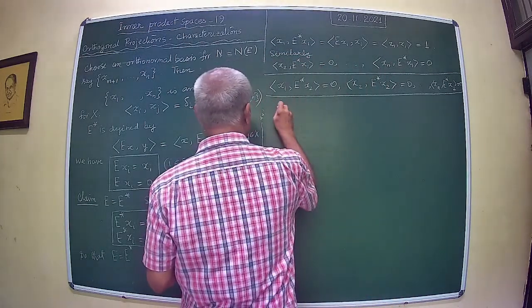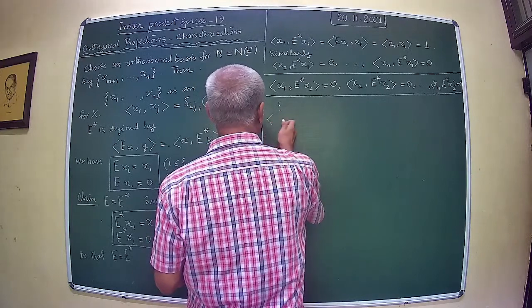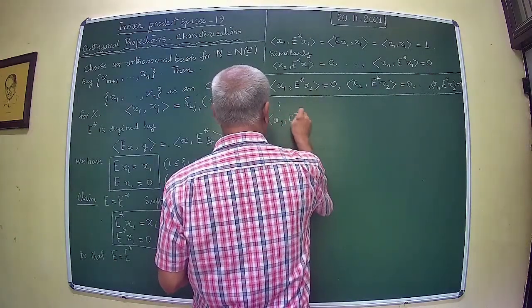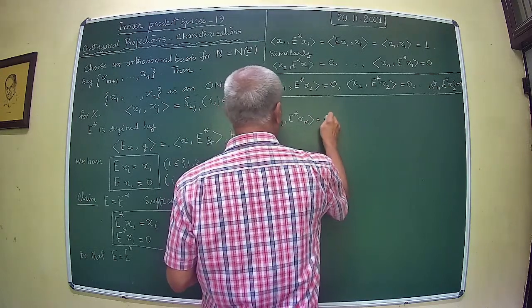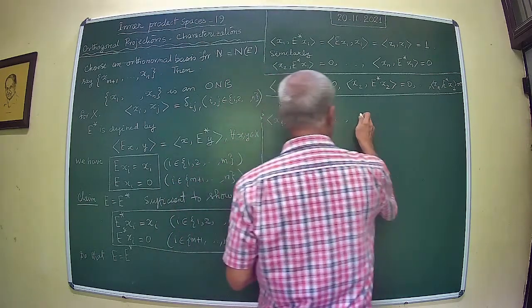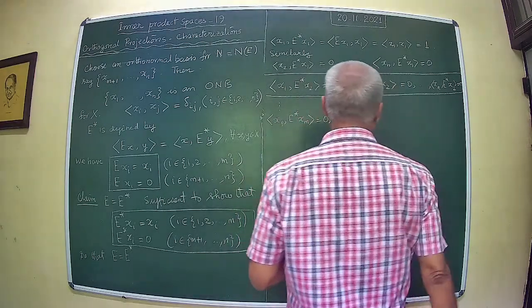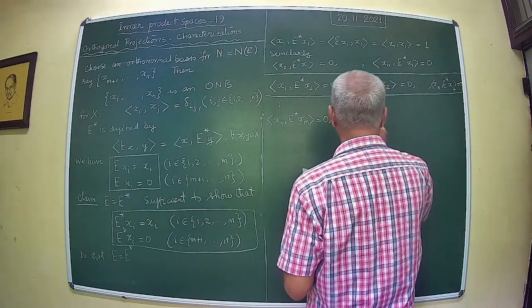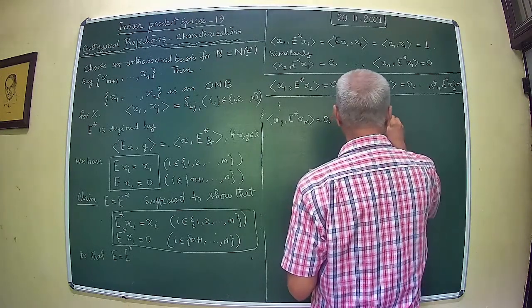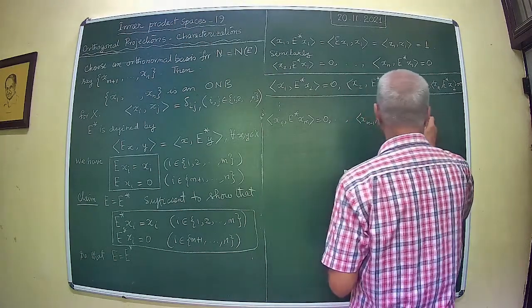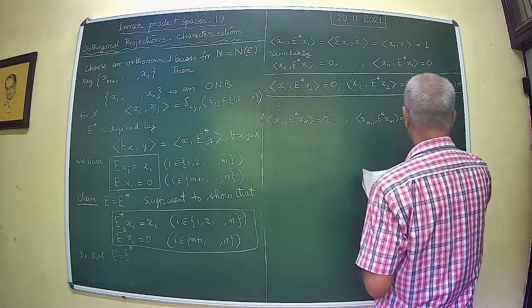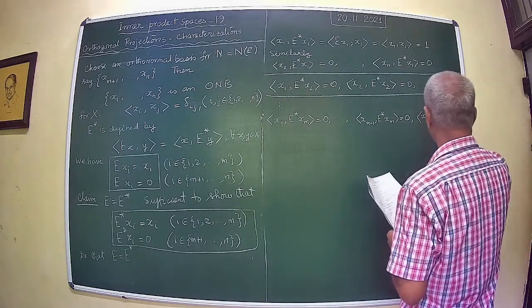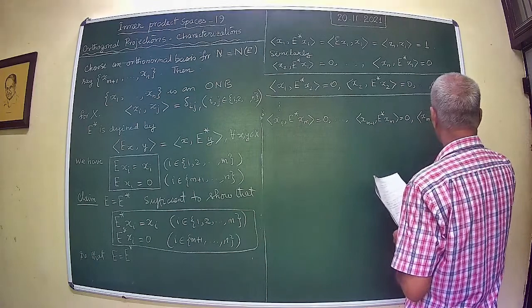Now you see that you can continue, and what you get is that the inner product of xm with E star of xm is equal to 1.